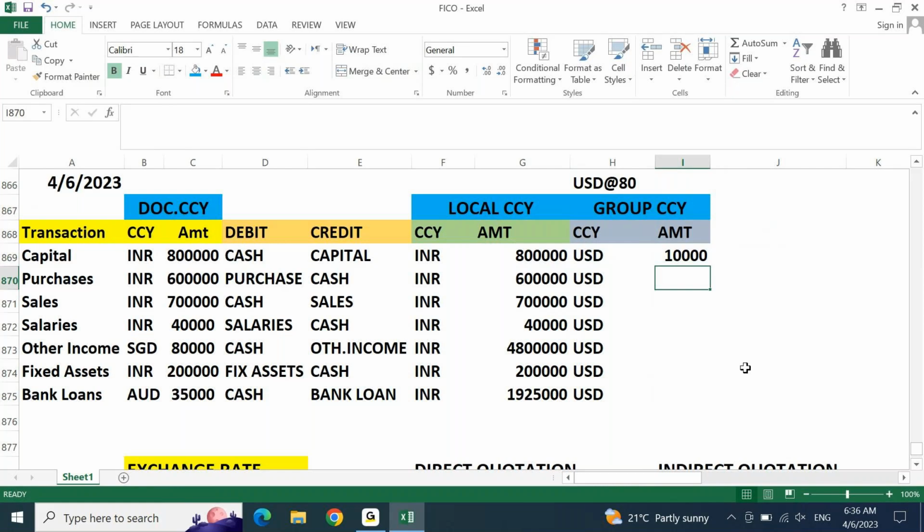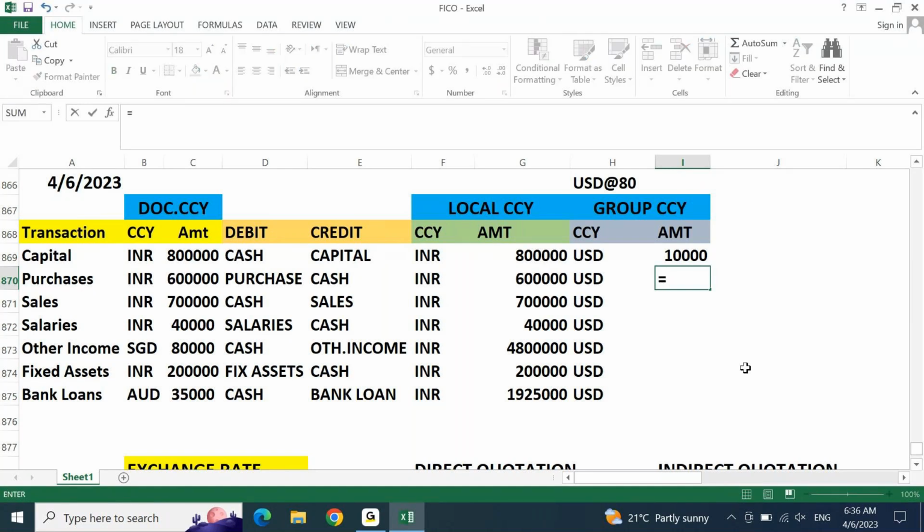If you multiply, your number is not correct. The conversion is wrong. Dollar will come to 80 rupees, and your conversion is local currency to group currency. From local currency to group currency, or from local currency to foreign currency, you should always divide.